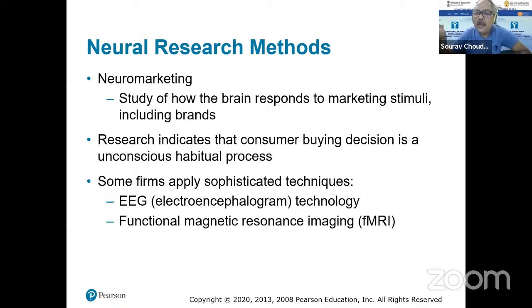If I give you a brand name and talk about that brand name in your ears, your brain actually reacts to some stimuli. Your brain becomes happy, sad, irritable, whatever. And from there, they start gathering the information and working on it.